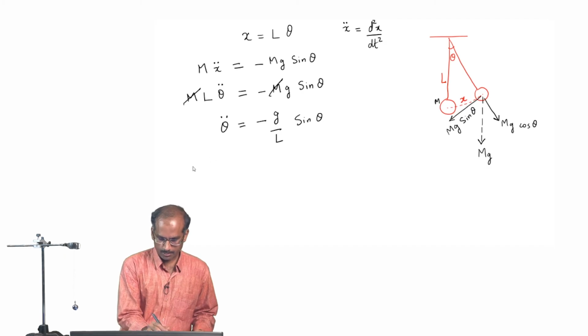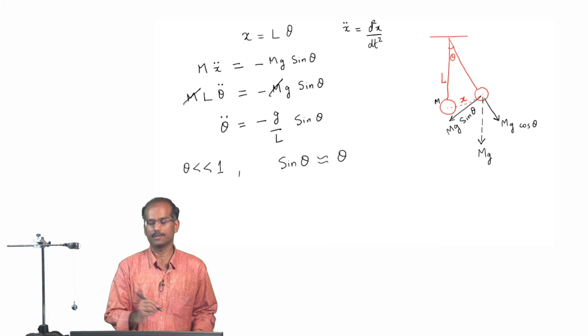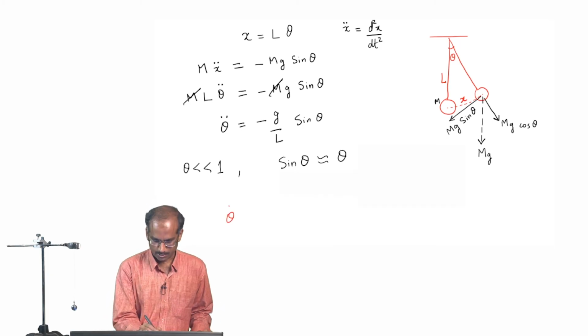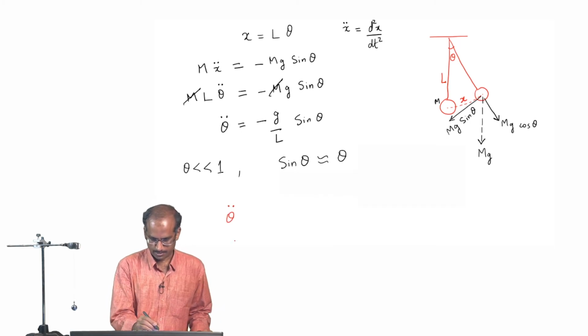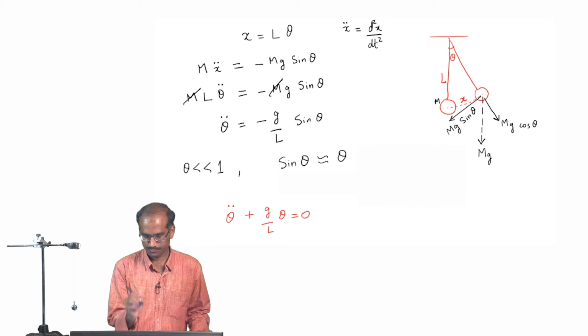So, when I say angular displacement has to be small, I mean that theta should be much less than 1, in which case I can replace sin theta by just theta. I could then write it as theta double dot plus g by L into theta is equal to 0.